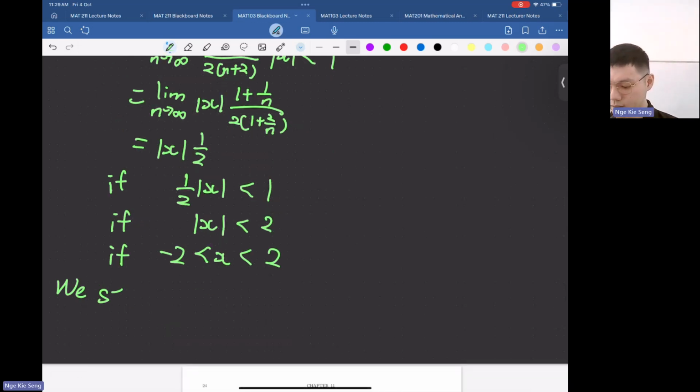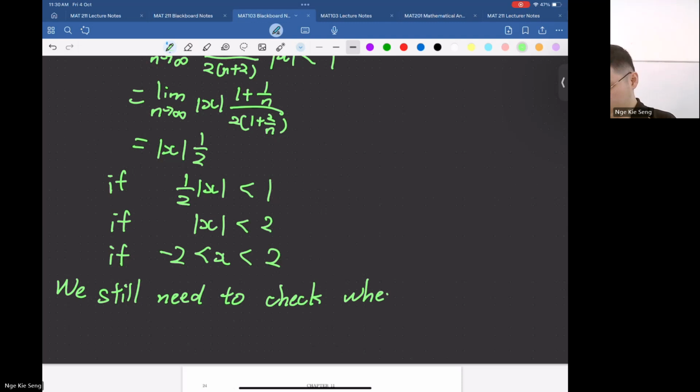We still need to check x when x equals -2 and x equals 2, because the ratio test is inconclusive there.